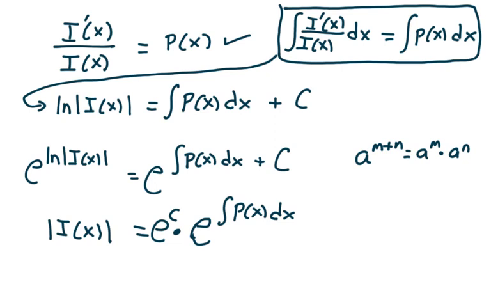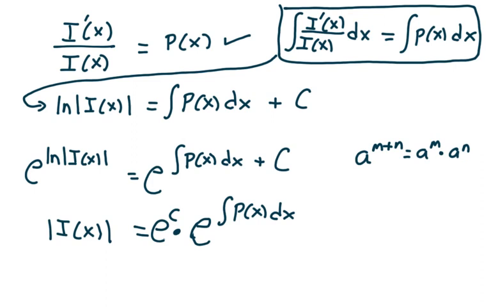So e to the natural log of the absolute value of I of x is equal to e to the integral of p of x dx plus c. Notice that the integral of p of x dx plus c is the exponent for that e on the right-hand side. And so that says the absolute value of I of x is equal to e to the c times e to the integral of p of x dx.